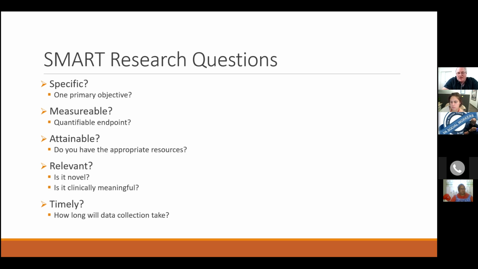Is it attainable? Do you actually have the appropriate resources in-house to carry out the study? Is it multi-center? Is it a single center? The CTSC, for example, has a lot of patient care resources available to help conduct studies. Is it relevant? Is it novel? Is it a new kind of concept? Is it clinically meaningful? What kind of reduction in blood pressure are you looking for?